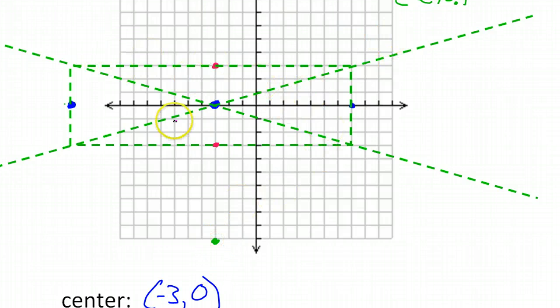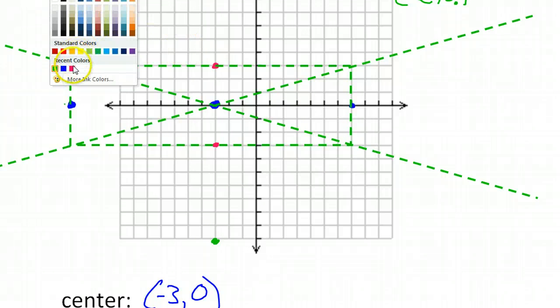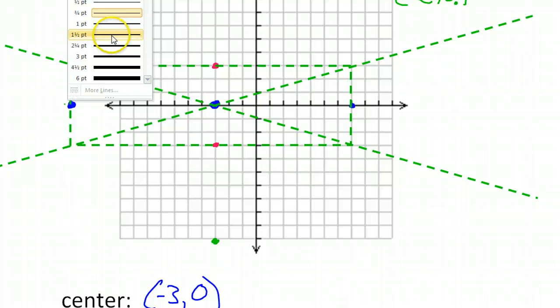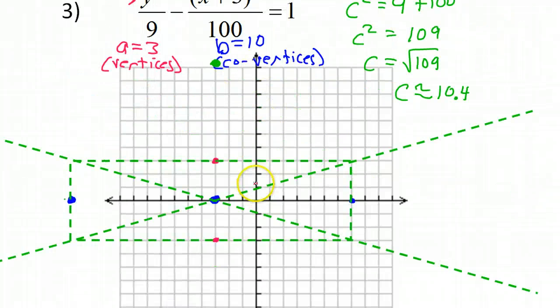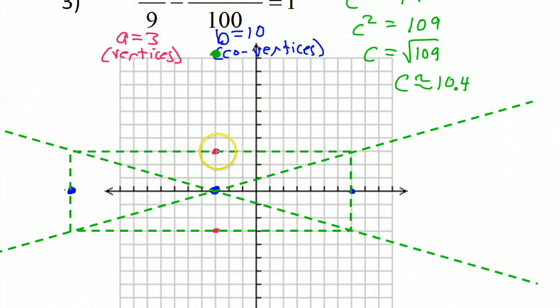Since I've drawn the diagonals, those are the asymptotes. So now would be a good time for me to go ahead and draw these branches to the best of my ability. Once again, these are very wide open branches. They're going to be looking something like that.